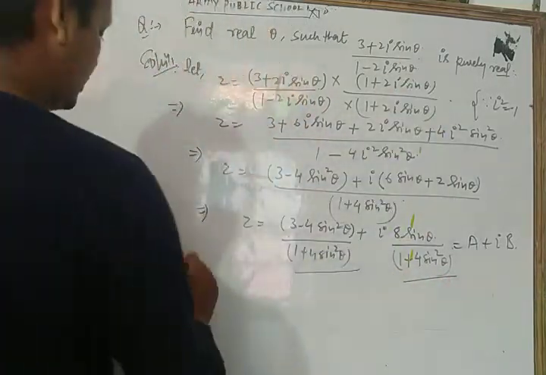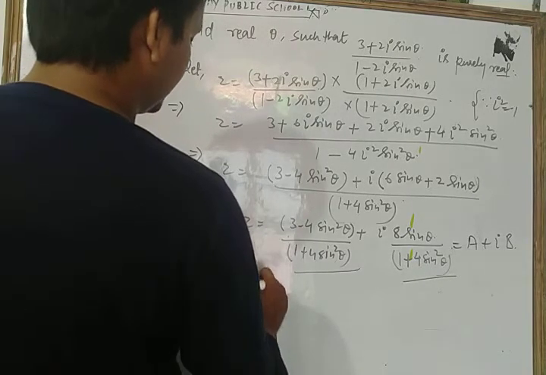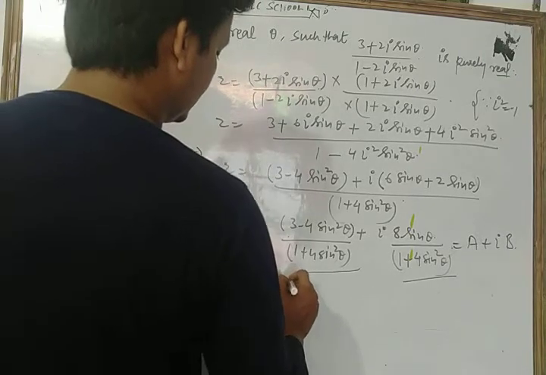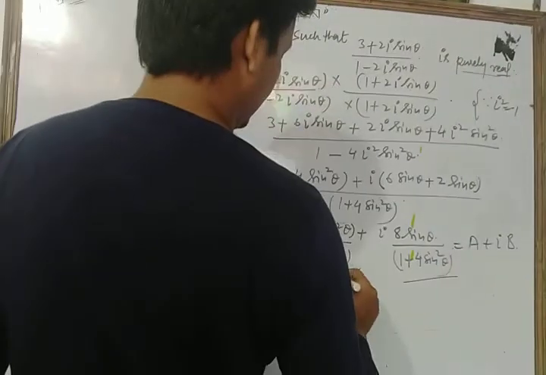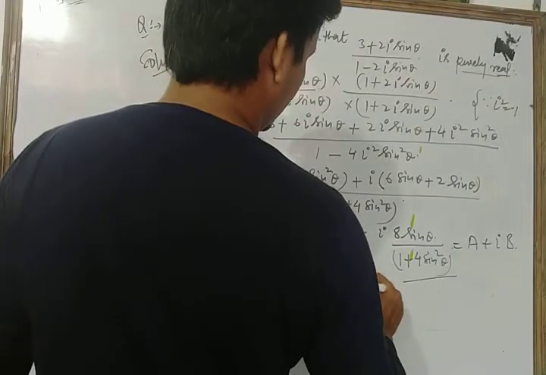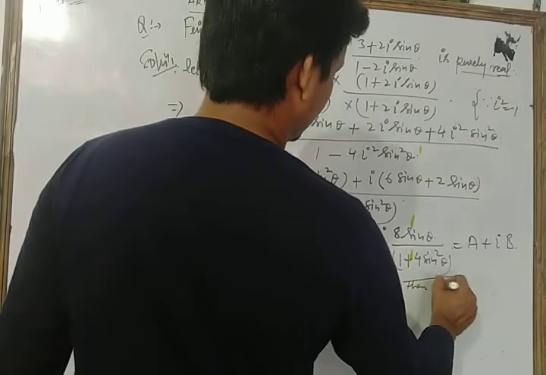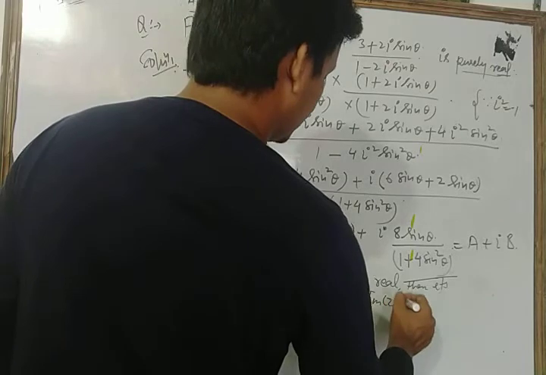Since the complex number z is purely real, its imaginary part of z must be equal to 0.